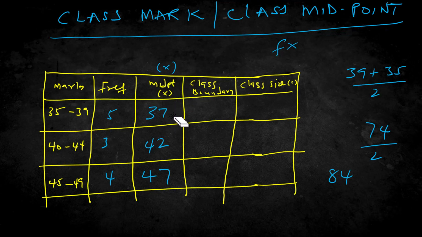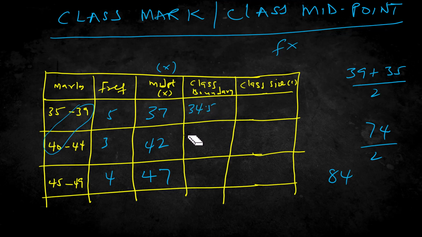So let's talk about the class boundary. You can continue since we've already explained this in detail. The class boundary, we said, is the difference between this. So 40 and 39 is 1, over 2 is 0.5. We just subtract the result from the lower limits. So this side will be 34.5.